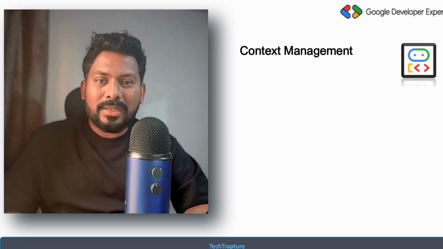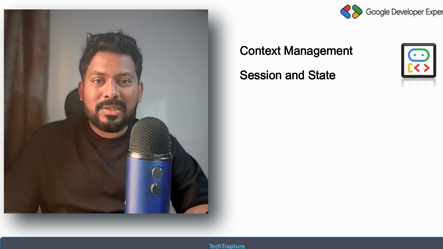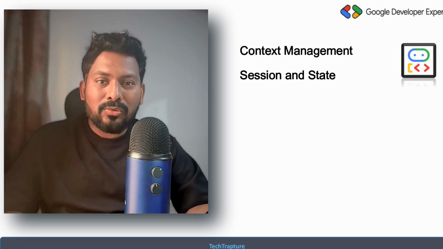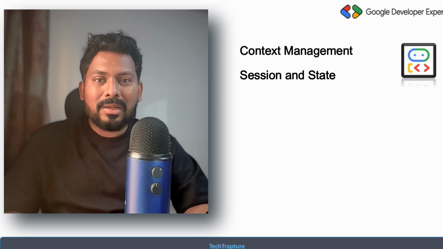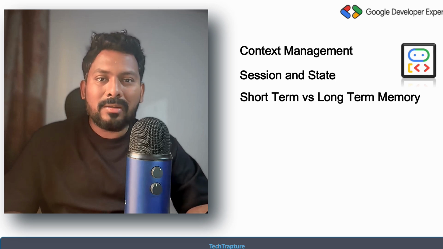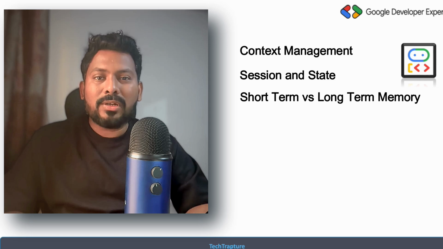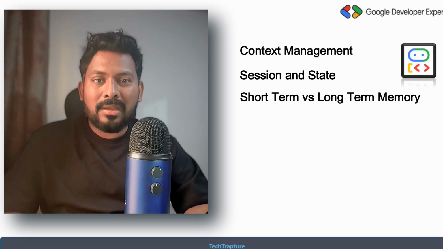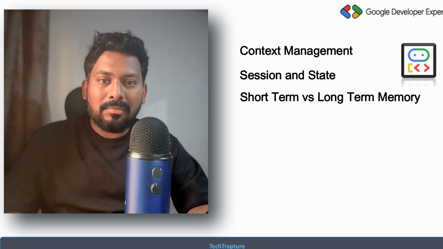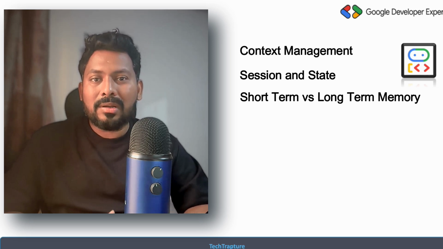Now I have decided to create advanced level videos in ADK. So in this video we are going to discuss context management in ADK. We'll discuss what context management is, what the parts of context management are, what sessions are, what state is, what the different types of state are, how to use that state in the agentic workflow, and also what short-term memory is, what long-term memory is, how we can use long-term memory, and what the difference is between short-term and long-term memory, where we need short-term memory, where we need long-term memory, and what the advantages and disadvantages of each are.